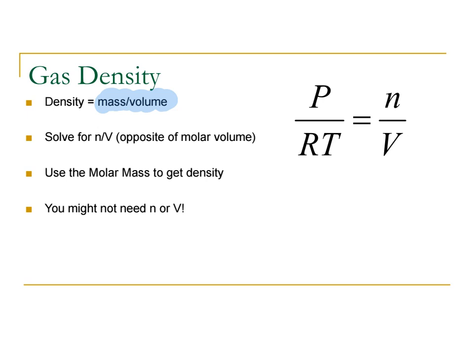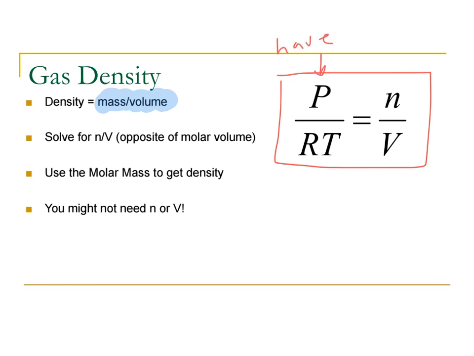We can rearrange the ideal gas law, PV equals nRT, to be the equation that you see here on the right. And you can solve for this quantity n over V, which is equal to the pressure divided by RT. You might look at that and think, well, that's the opposite of molar volume, and it is. So you might get these two things a little bit confused.